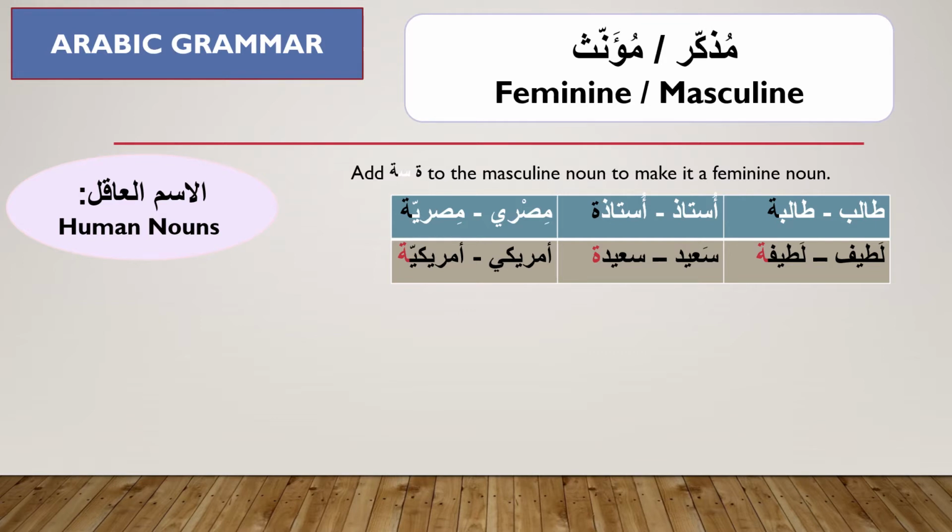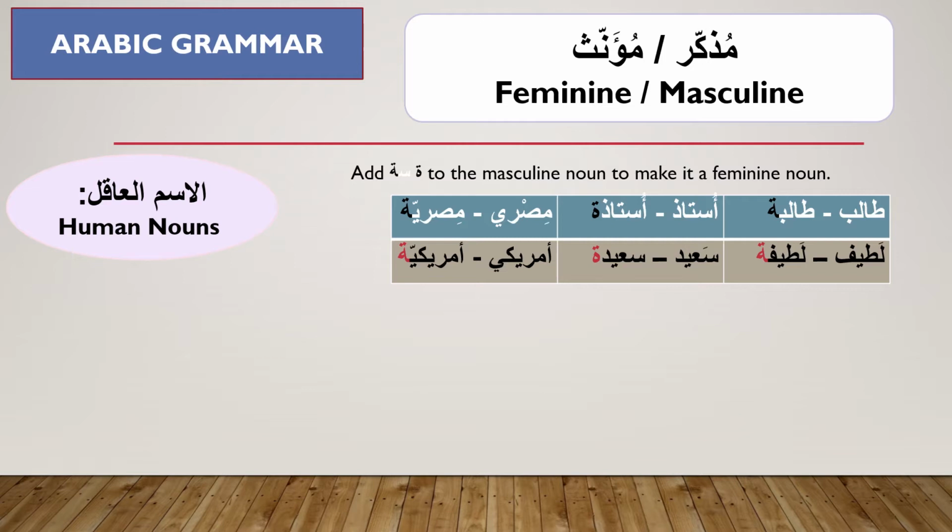For example, talib, male student, taliba, female student, ustad, teacher or professor, ustada, a female professor, Misri, an Egyptian man, Misriya, an Egyptian woman.